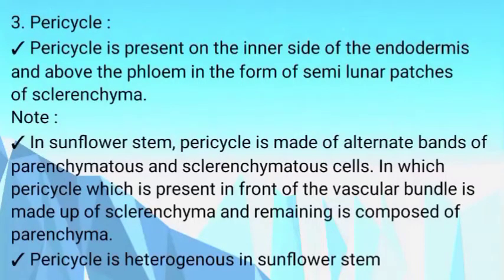Note, in sunflower stem, pericycle is made up of alternate bands of parenchyma and sclerenchyma cells, in which the pericycle present in front of vascular bundle is made up of sclerenchyma and the remaining part is composed of parenchyma. Pericycle is heterogeneous in origin in sunflower stem.